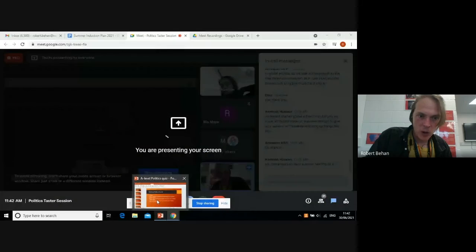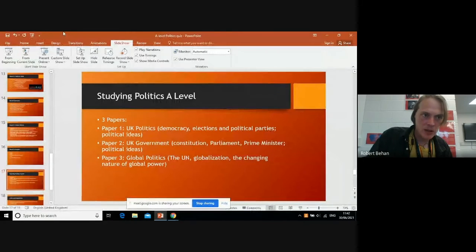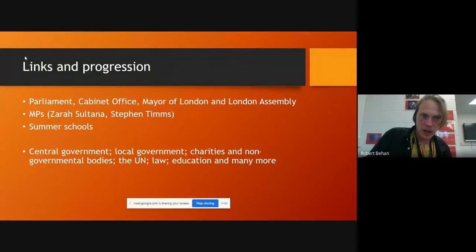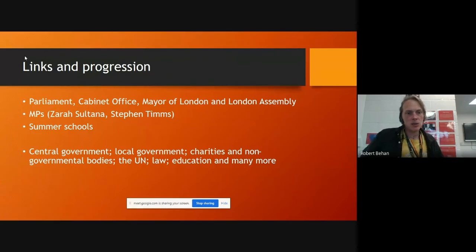Just one final thing which I had for you as well. I was thinking about some of the links that we have and some of the progression that students make. Up to the COVID pandemic, we had regular trips to Parliament, to the Cabinet Office in Downing Street, where we got to go to 10 Downing Street, which is really cool.